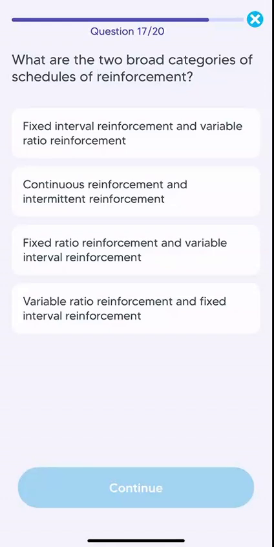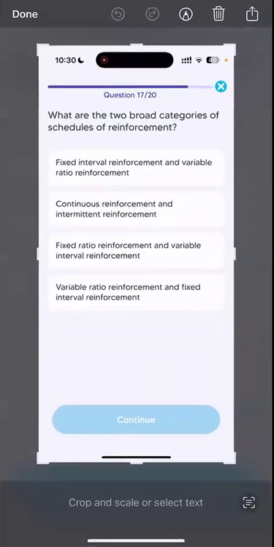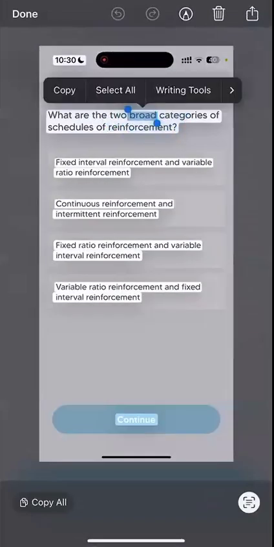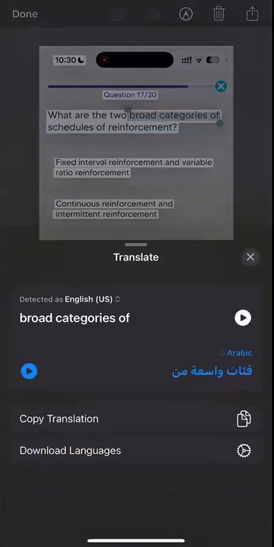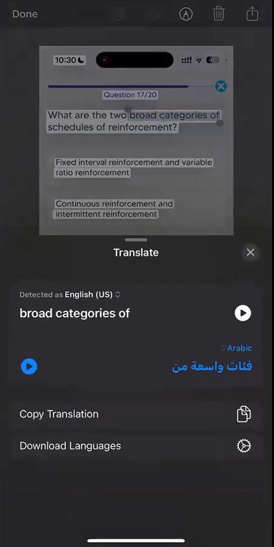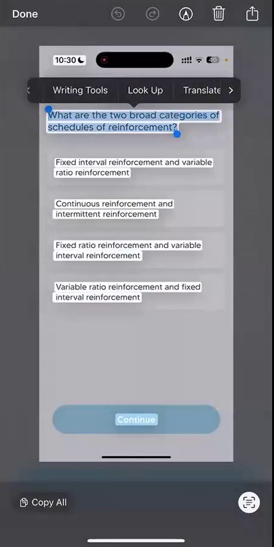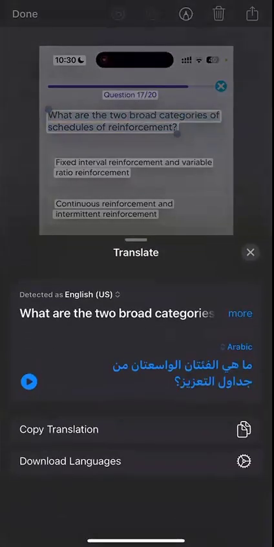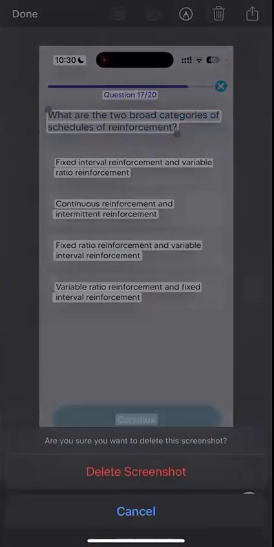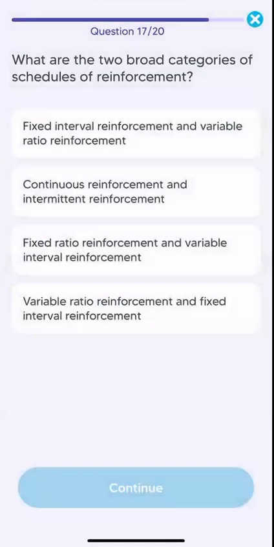I think the second one, because two broad category means... no, not the second one.